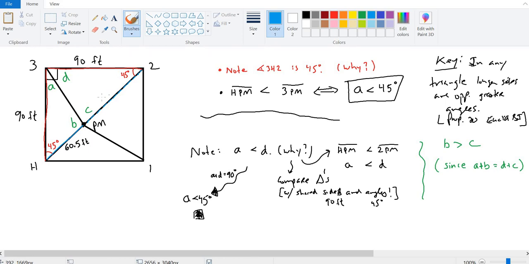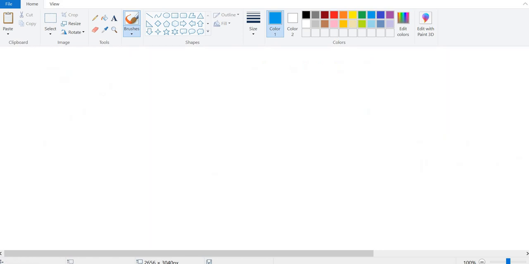Because this is more, angle D is greater than angle A. Because angles A and D add up to 90, and angle A is less than angle D, angle A has to be less than 45 degrees, which finishes our proof. Take care.